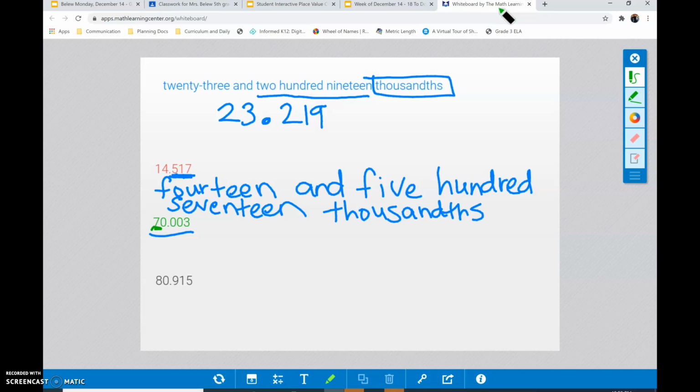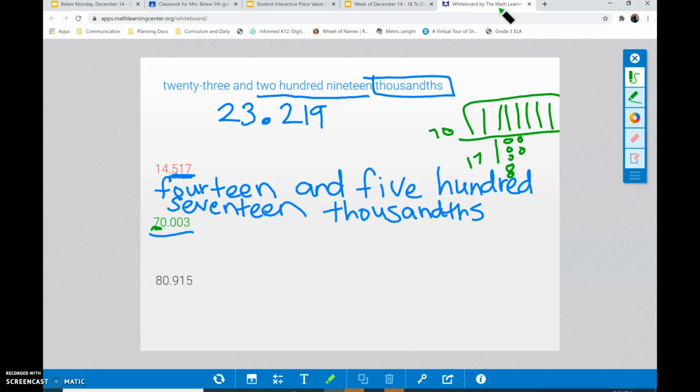There's a big difference in 70 and 17. 10, 20, 30, 40, 50, 60, 70, and 17. 5, 6, 7. This is 70, and this is 17. 70 is 7 tens. 17 is a ten and 7 ones. So make sure you write it correctly.